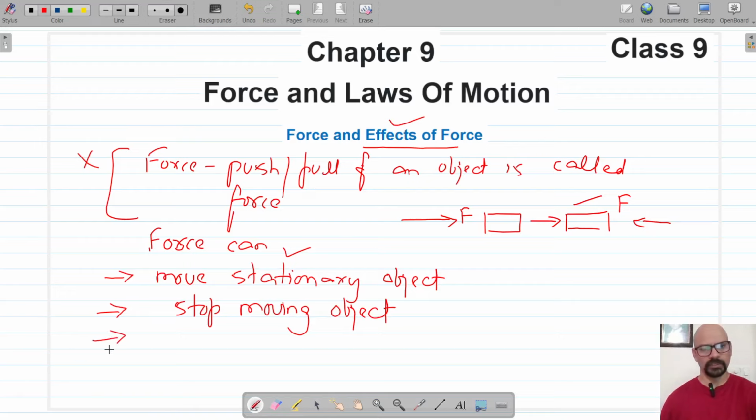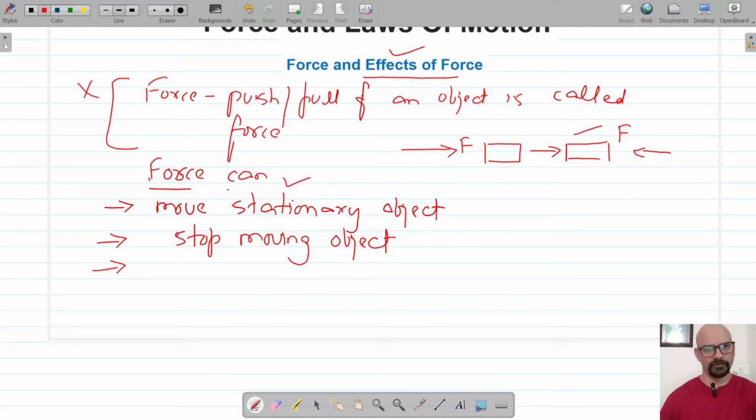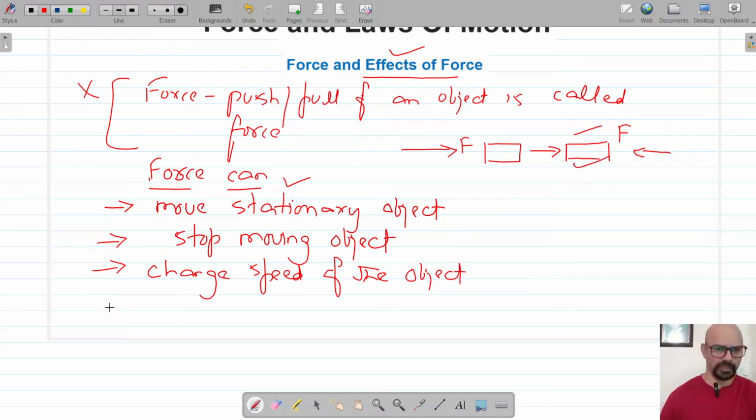And what could be the third effect of the force? The first two are that it can move a stationary object and stop a moving object. The third is that we can change the speed of an object. Let's say the object is moving. We can increase its speed by applying more force, or decrease its speed by applying the force in the opposite direction.